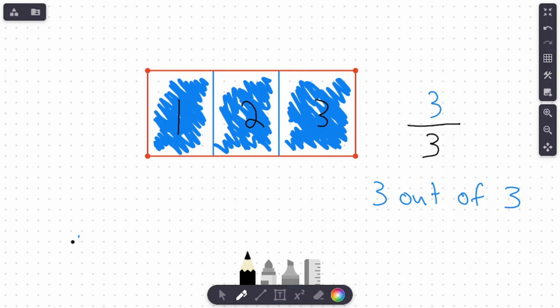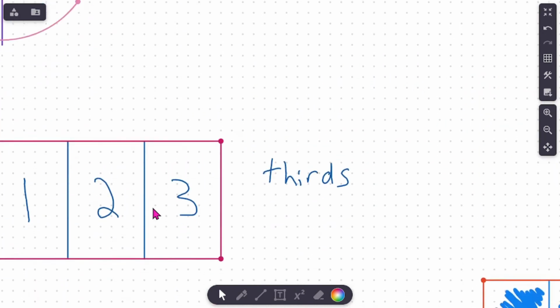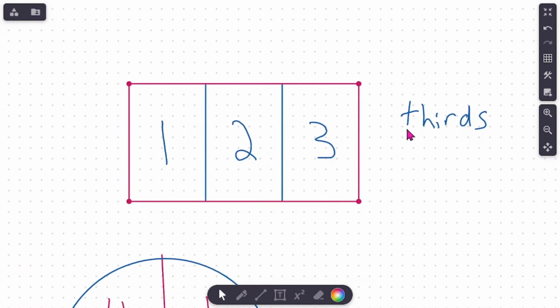Well, say the top number, 3. And if we've divided into 3 equal sections, what do we say? Let's go back to what we did right at the beginning. If we broke it into 3 equal sections, then we are going to call it thirds. Thirds.